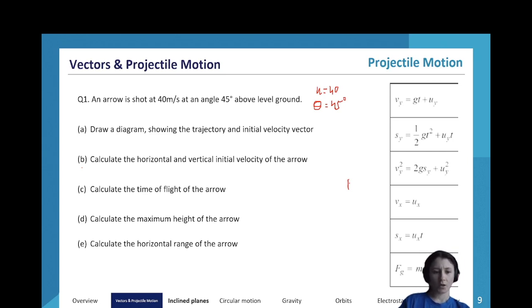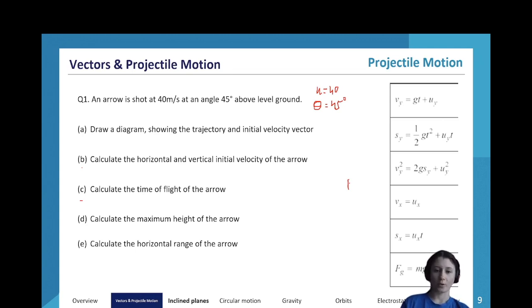So let's have a look back at our question. We want to calculate the time of flight of the arrow. Let's have a quick think first. The time of flight, what is that? The time of flight is how long it takes for the arrow from when it leaves the ground to when it hits the ground again.